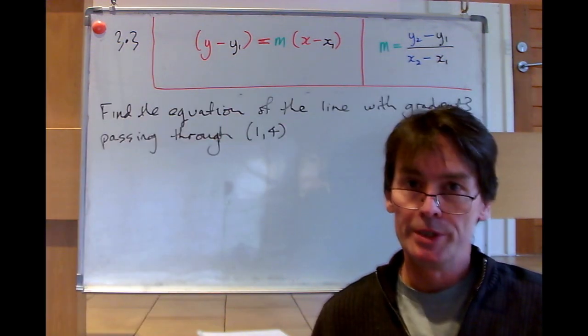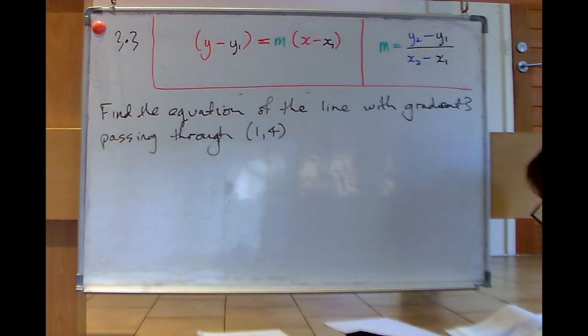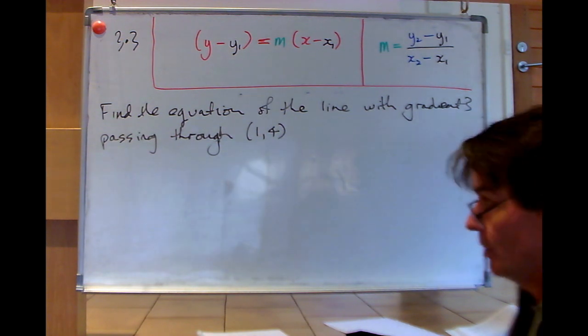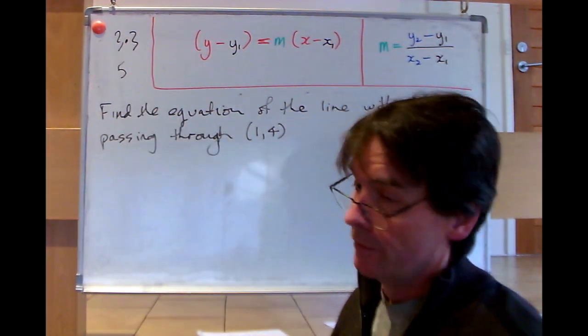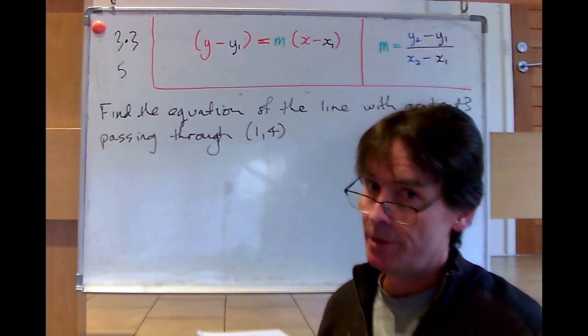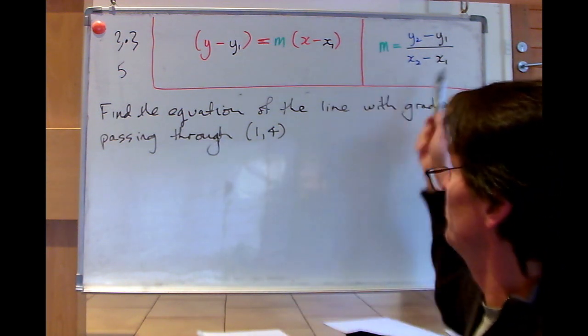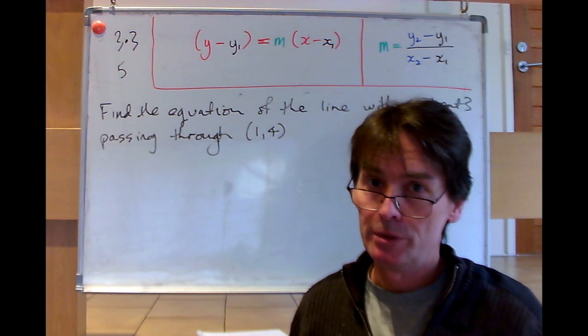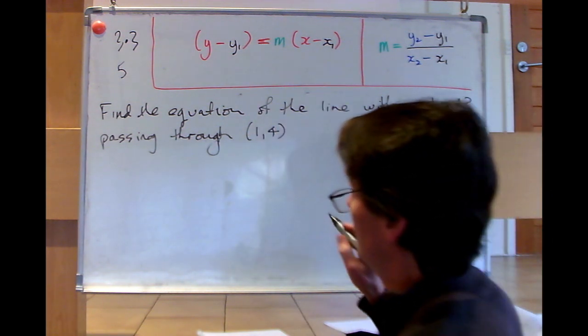Another example of a question. This is similar to 3.3 question number 5. This is an easier version than the last one, I think, because we've been given the gradient. So we don't have to do this bit of finding the gradient between the 2 points. We're told what the answer is. We go straight to this equation here.